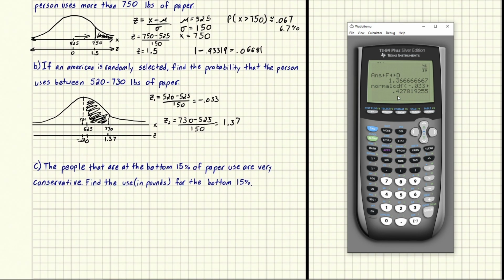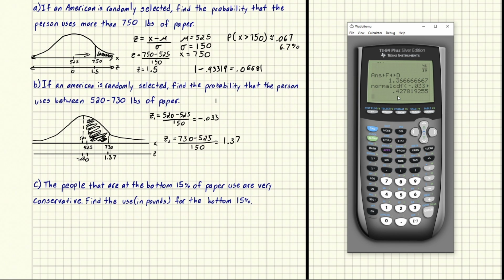So the way we would write this out, all formal-like, is the probability that x is between 525 pounds and 730 pounds is approximately 0.429 if we round to 3 places, or 42.9%. So that would be our answer. You would box this and you'd go on your merry way.